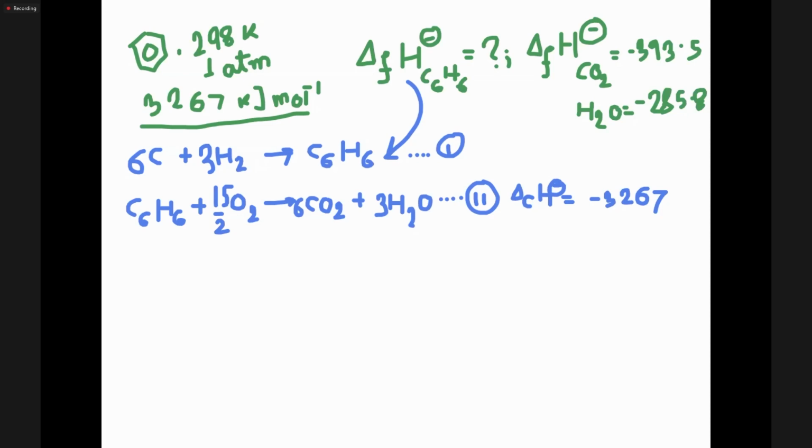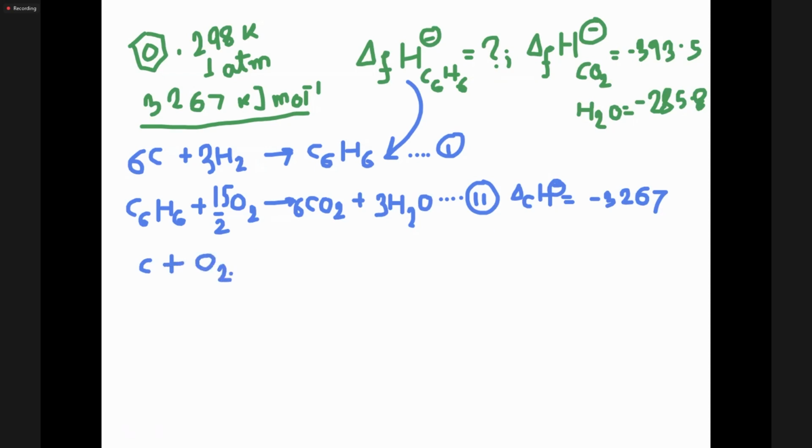Now the two values that are given to us are the enthalpy of formation of CO2 and the enthalpy of formation of H2O. So we have to write two more equations for the enthalpy of formation of carbon dioxide and that of water. Firstly, we will write the enthalpy of formation of carbon dioxide, which is a very simple reaction. We do not even need to balance this because it is already balanced.